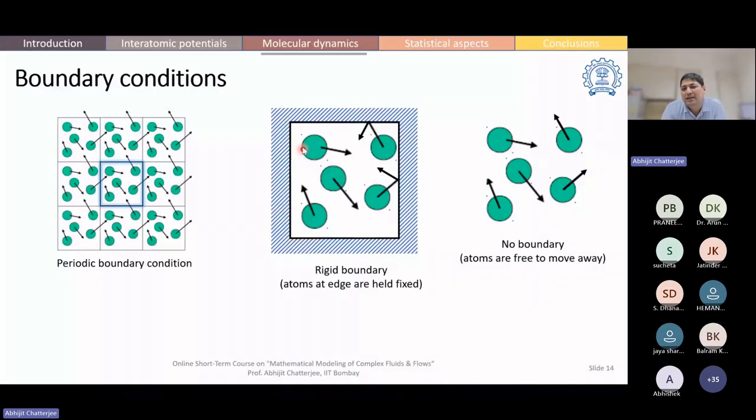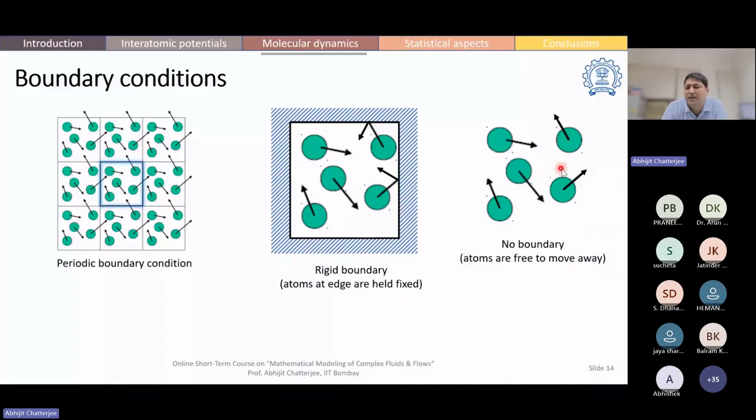Only the atoms in the inside region can move around and collide with the frozen atoms, and you are basically interested in the statistics coming from these moving atoms. So this is called a rigid boundary, where atoms at the edge are held fixed. You can have a third type of boundary condition where you have no boundary present at all. In that case, the atoms are free to move away if they wish.